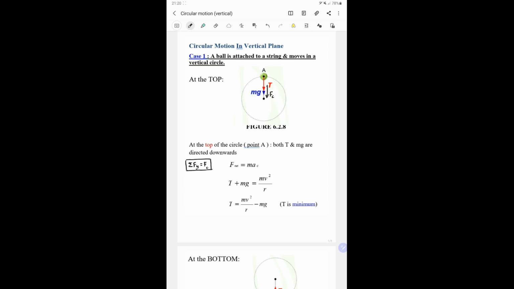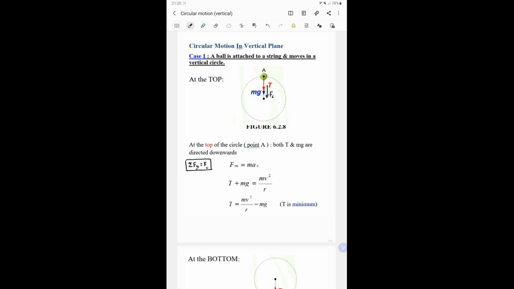Alright, so in this case, everything is just on the y component. So we are talking about the total of Fy equal to F net, which is equal to Fc. So Fc is our centripetal force, where the centripetal force is our net force. So what forces contribute to Fc?